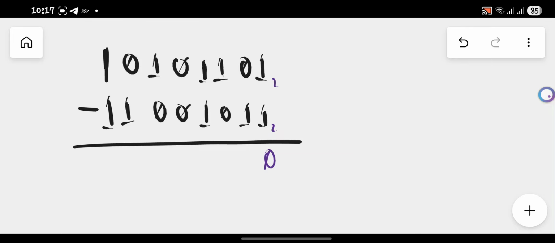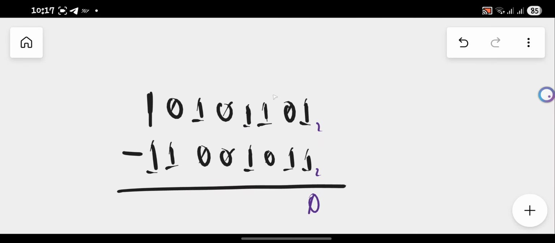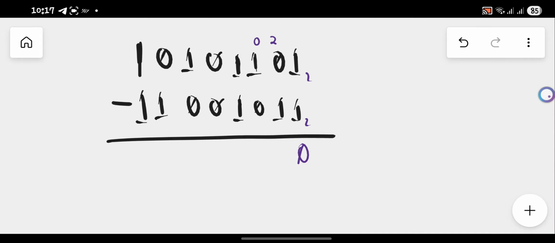So here becomes 0, then here becomes 2, so that when we borrow, we have 2 minus 1, which is 1. Then here is 0, so 0. Then 1 minus 1, 0. Then 0. Then 1 minus 1, 1.